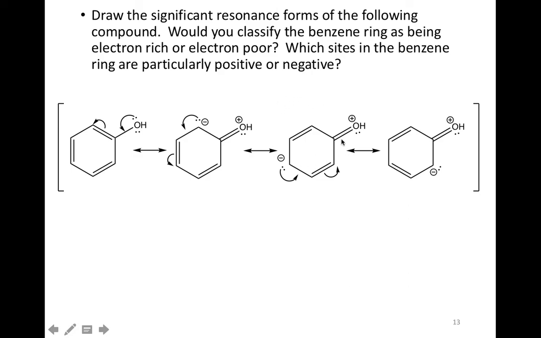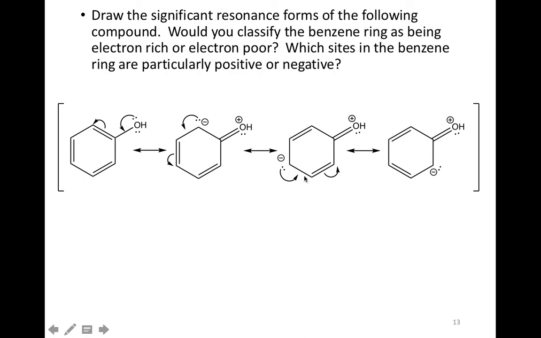The regions of the benzene ring that would be particularly negative, right, if it has a negative formal charge in one of the resonance structures, that's going to be partially negative. And these sites that don't ever have the negative formal charge will probably be less negative than the ones that have the negative formal charge.